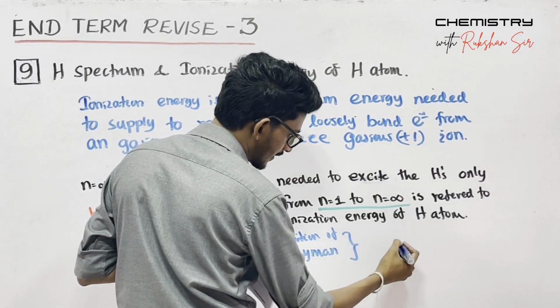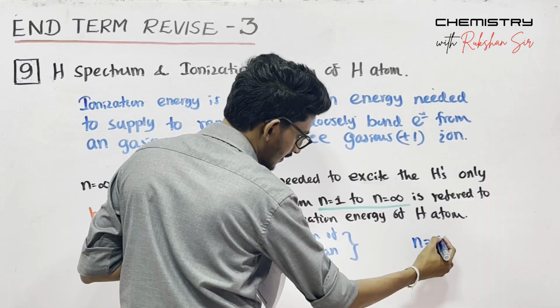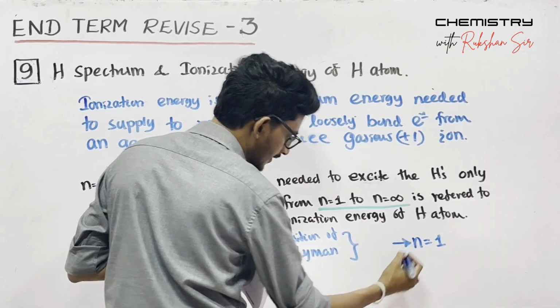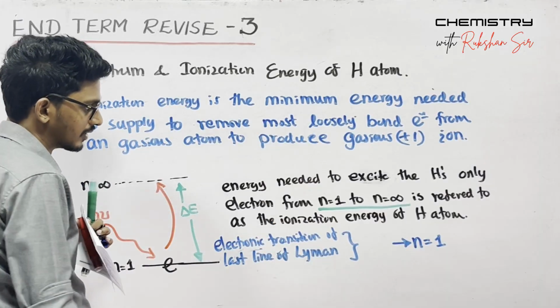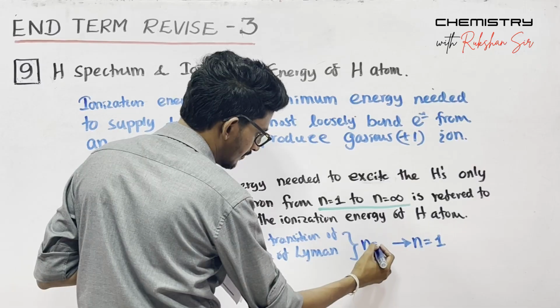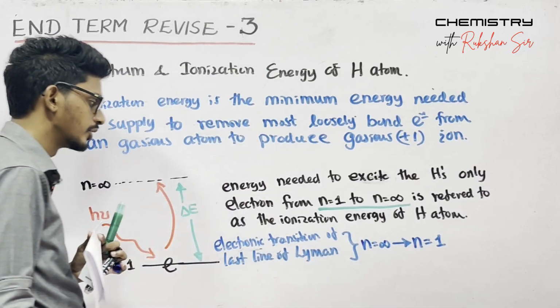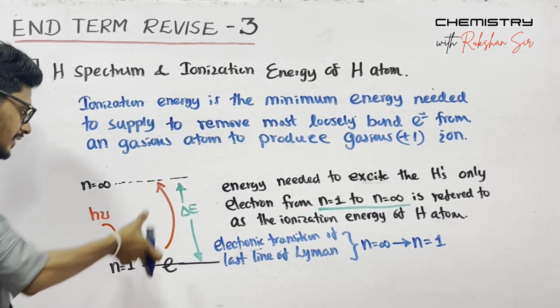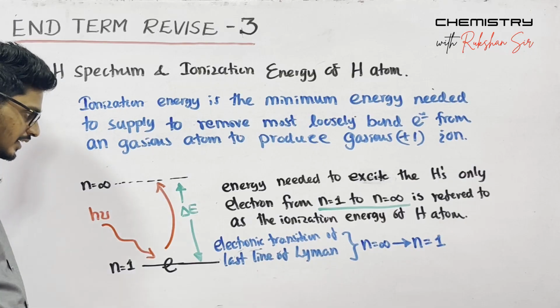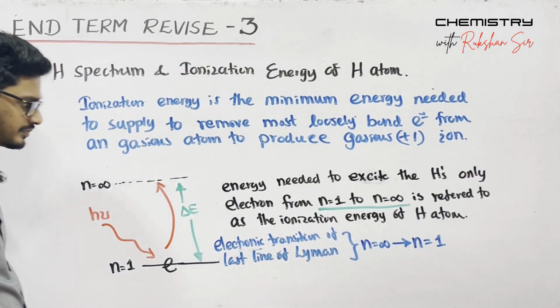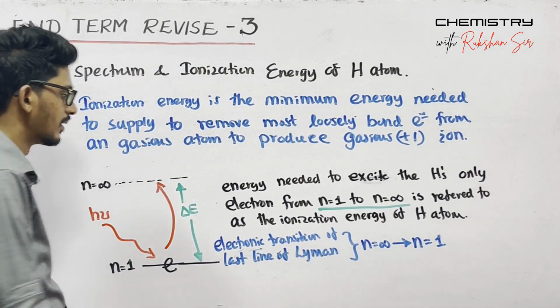Towards n equals 1, the electron should come from the higher energy levels. So the last line, the highest energy gap possible, is coming from n equals infinity to n equals 1.